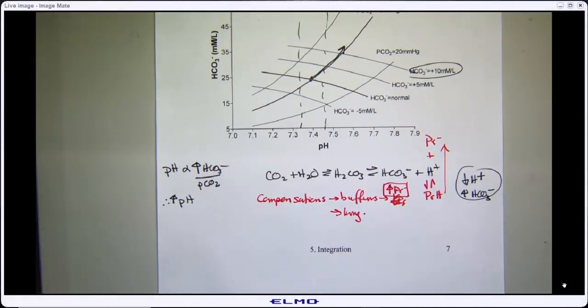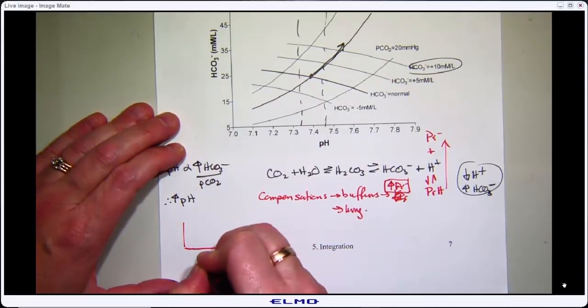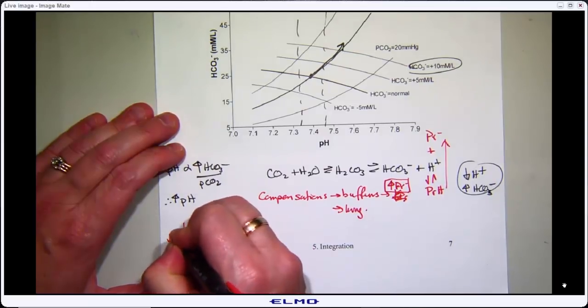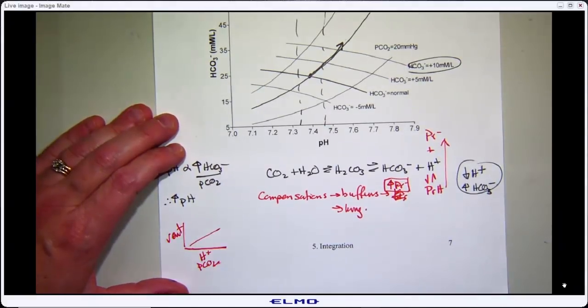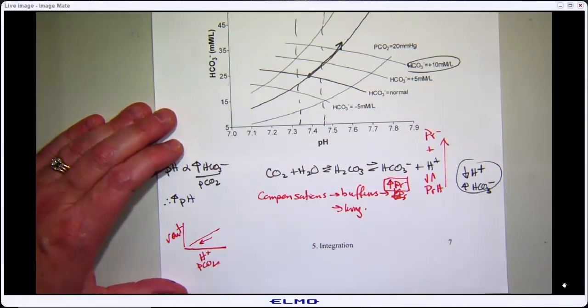Increase in hydrogen ion. Yeah. So you're going to use the chemoreceptor graph that looks like this. Okay. And you're going to decrease ventilation.